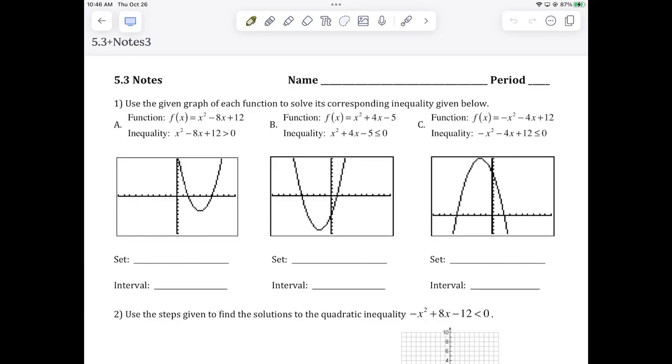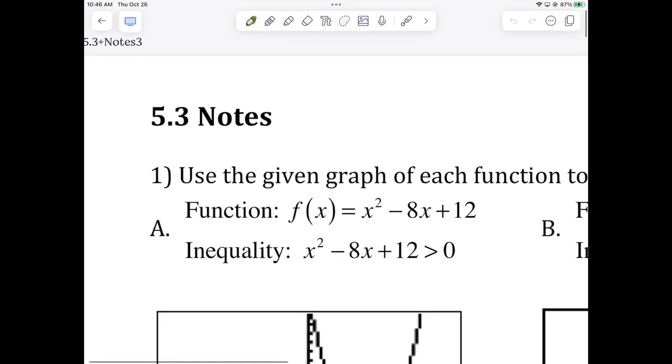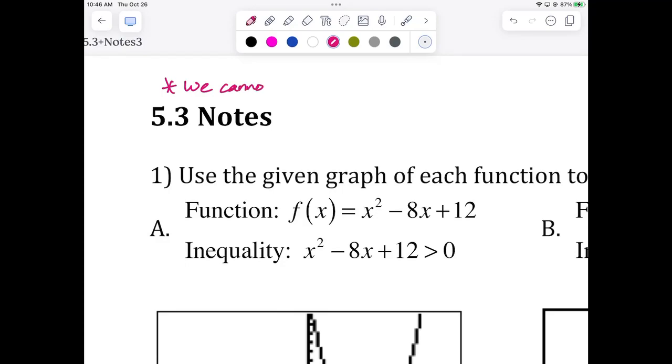Here's what I want you to know from the very beginning, because I still do this in pre-cal and students still don't listen to me, okay? We, that means including me, cannot solve quadratic inequalities algebraically, like we did in the warm-up.